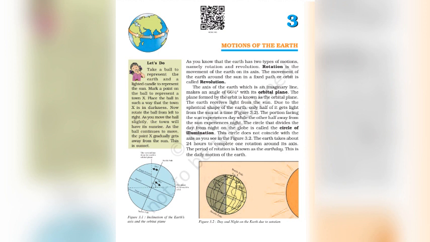As you move the ball slightly, the town will have its sunrise. As the ball continues to move, the point X gradually gets away from the sun. This is sunset.